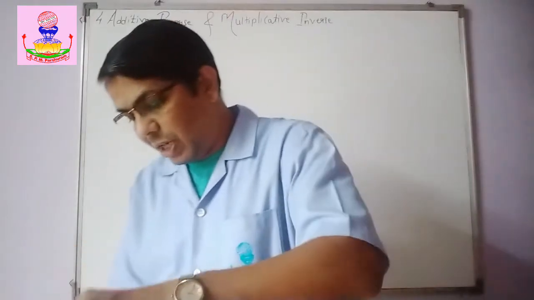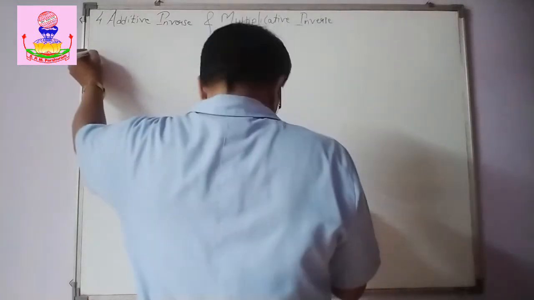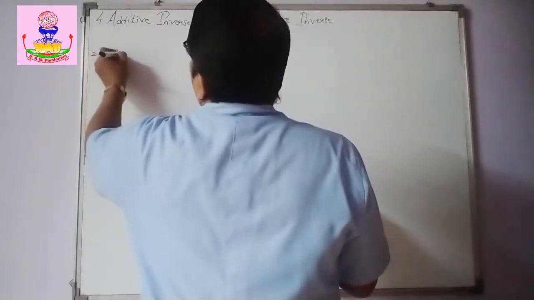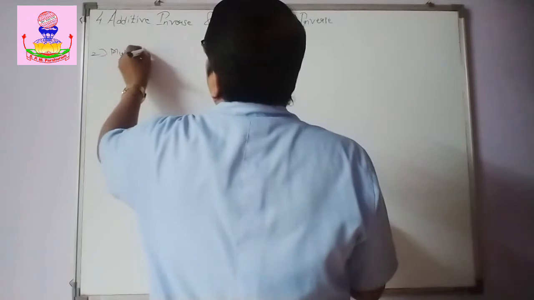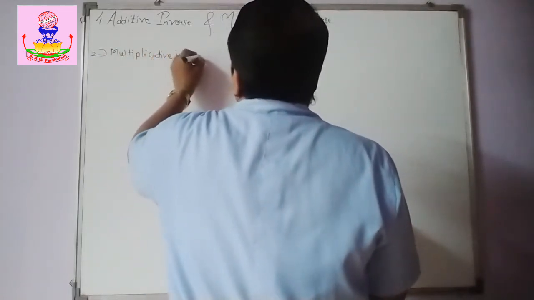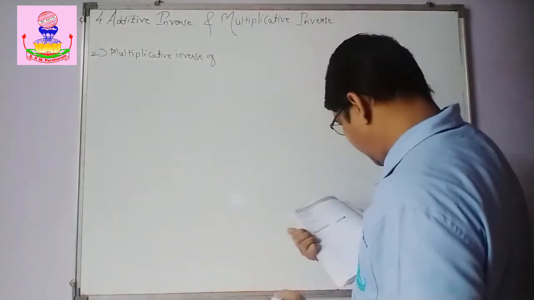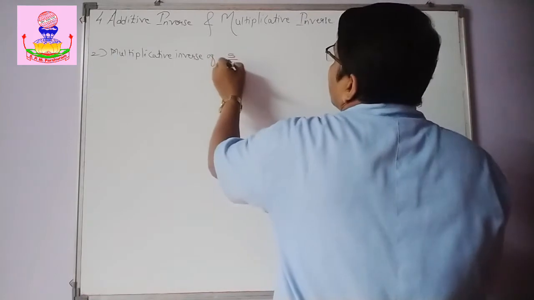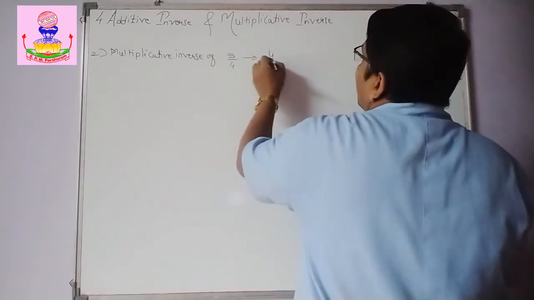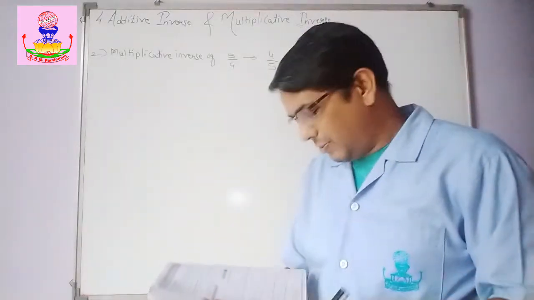So first we will find out multiplicative inverse of 5 upon 4. This is second example, multiplicative inverse of 5 upon 4. What is that? 4 upon 5. Multiplicative inverse of 5 upon 4 is 4 upon 5.